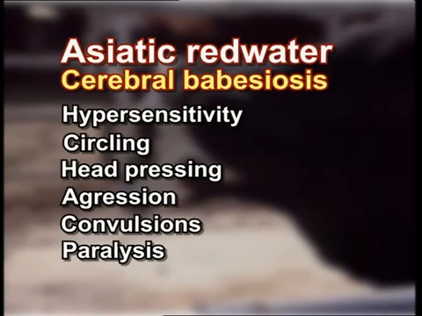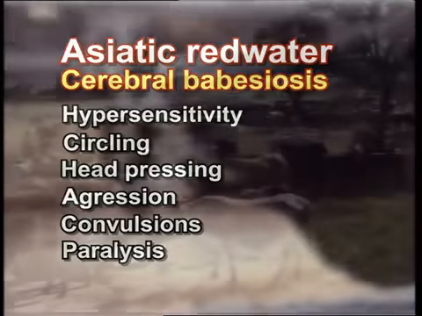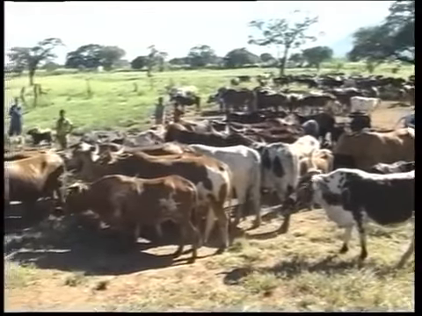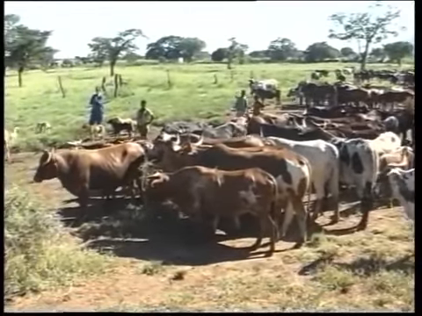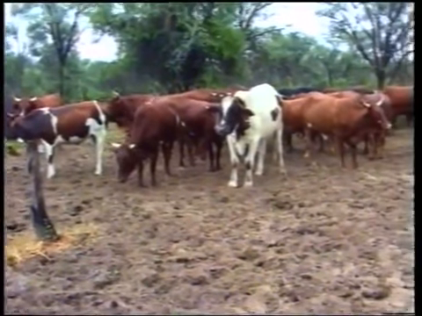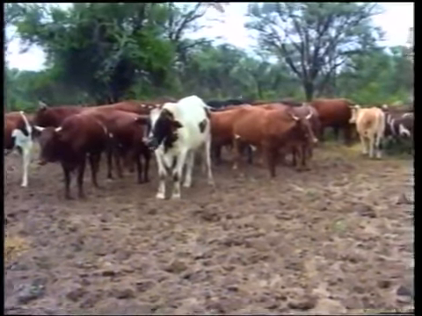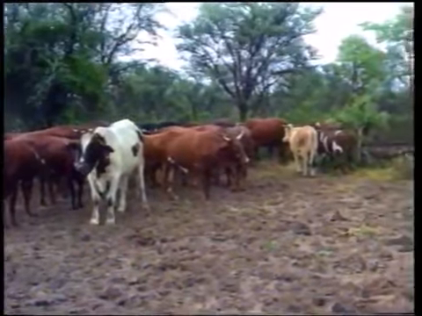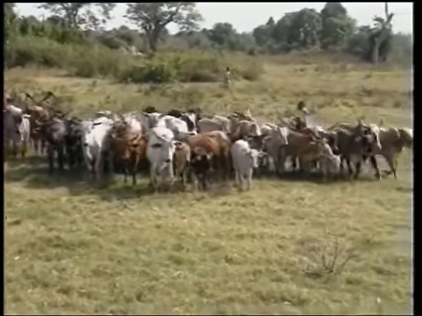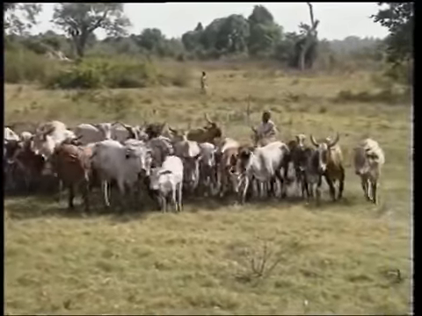The course of the disease in these cases is usually short, and the outcome is almost always fatal. Signs of cerebral or brain involvement are not seen in African redwater. Cattle that recover from babesiosis remain carriers of the infection for periods ranging from 6 months to several years.